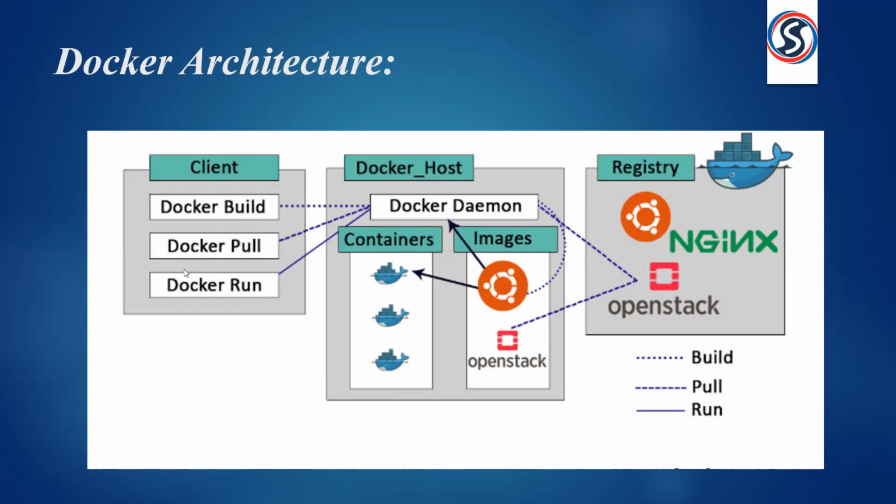Whichever Docker daemon is present there, the client will send the command to it. And the Docker command uses the Docker API. So whatever command we write in Docker, it uses the Docker API. And this Docker client can communicate with more than one daemon.